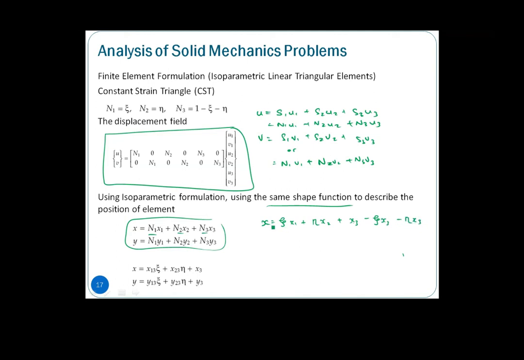Here you can have psi (x1 minus x3) plus eta (x2 minus x3) plus x3. So basically that is x13 psi plus x23 eta plus x3.